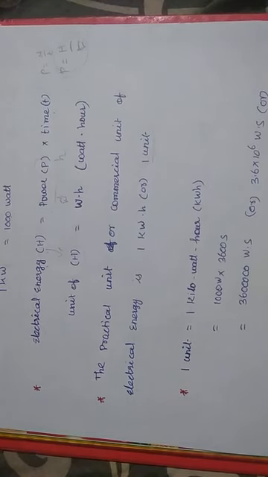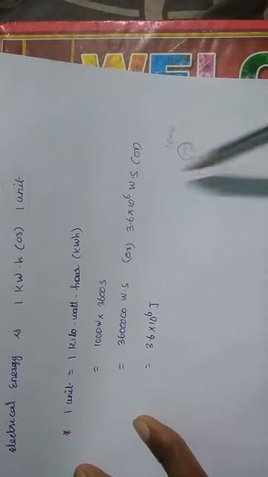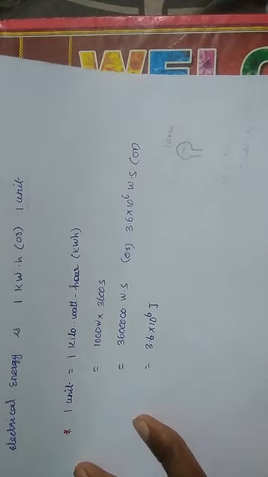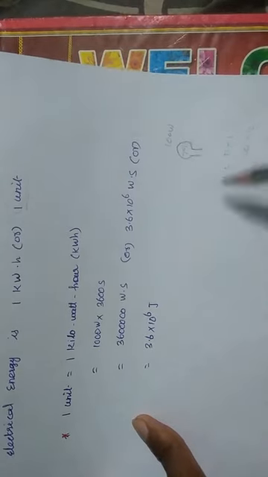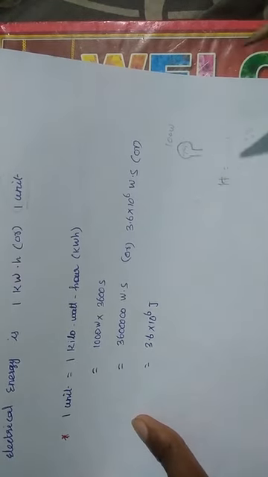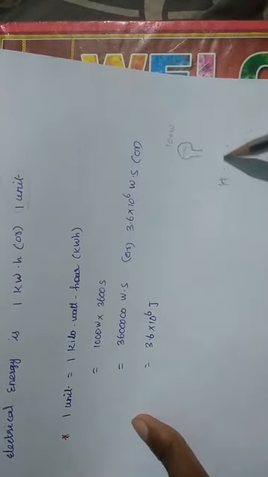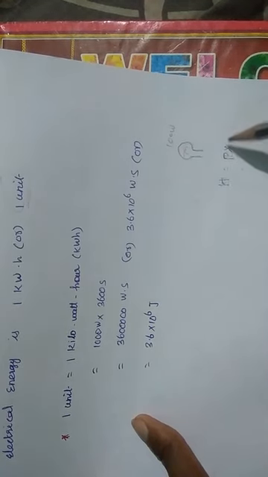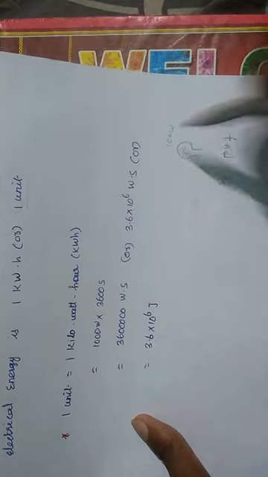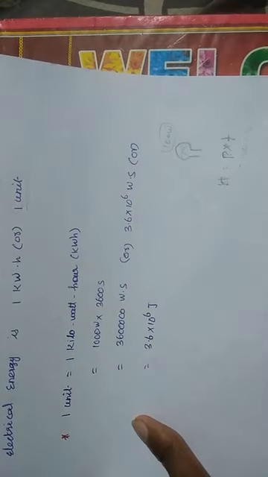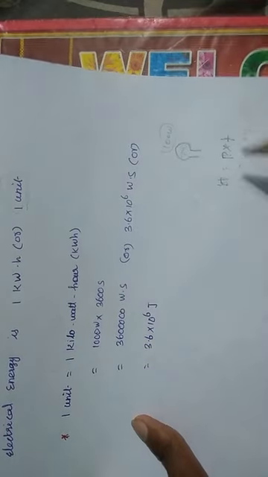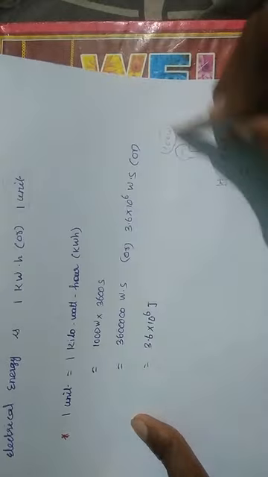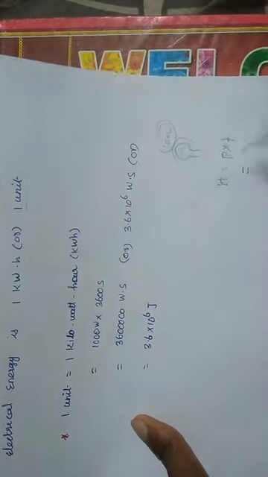So how can we practically imagine it? If you have a 100-watt bulb at your home, how much energy has been consumed by that bulb? We use the expression H is equal to P into T. If the bulb is glowing for 10 hours, what is the power of that bulb?